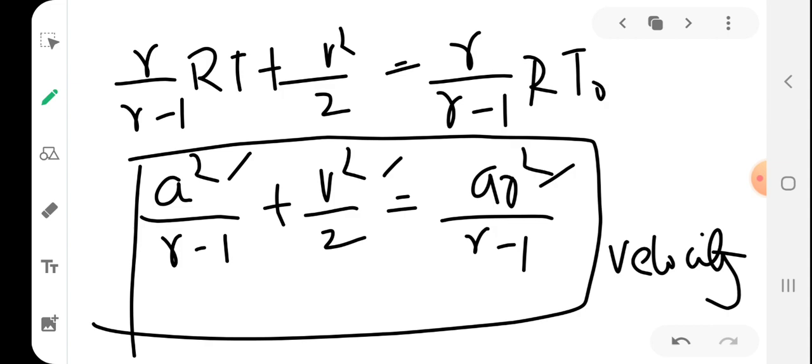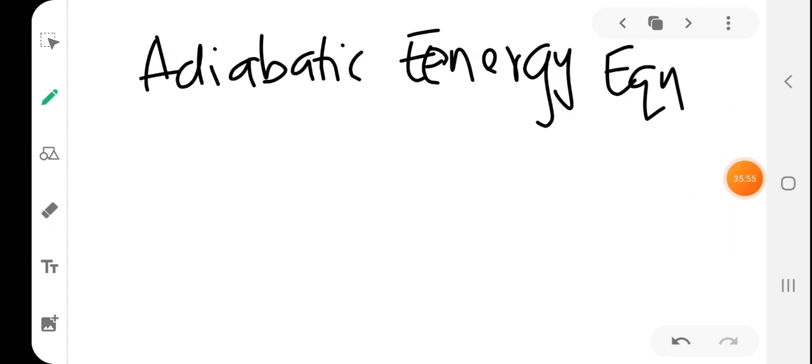That is why this form of energy equation is known as the kinetic form of the steady flow energy equation. So all the three terms are kinetic energy terms, right? Now I am coming to another form, called the adiabatic energy equation. Suppose the maximum kinetic energy and maximum velocity associated with an adiabatic flow would occur when we imagine that all the thermal energy of the flow is converted into kinetic energy, right?